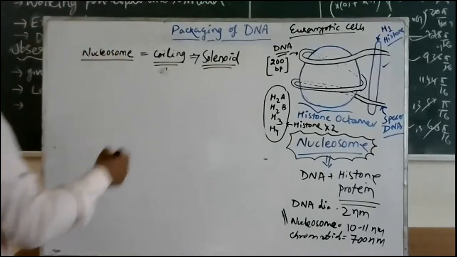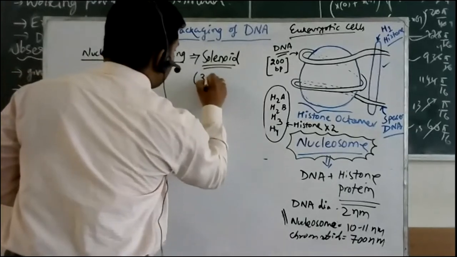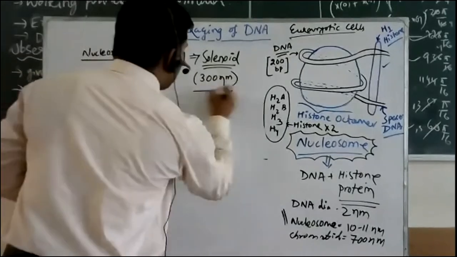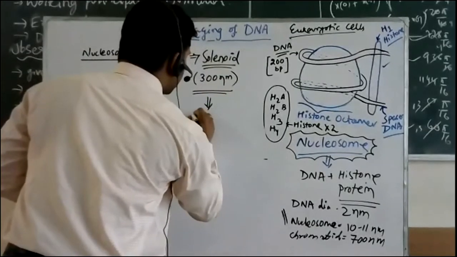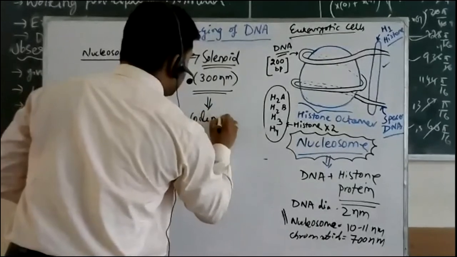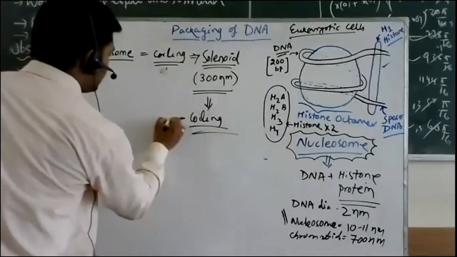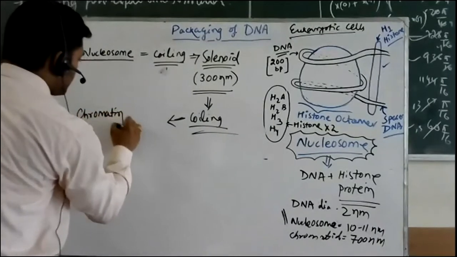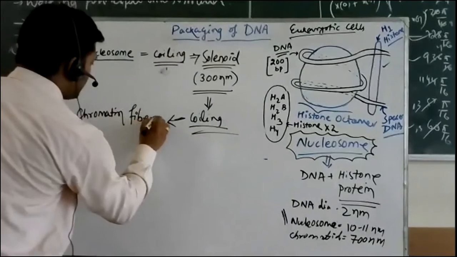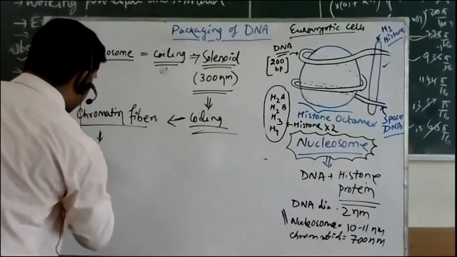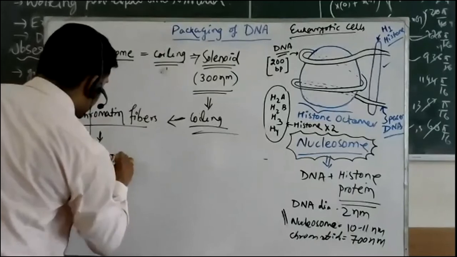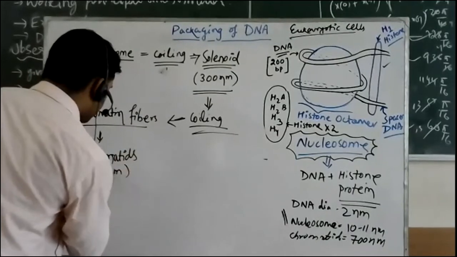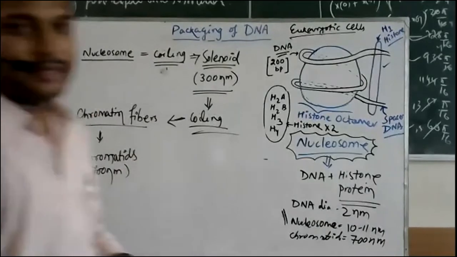So the solenoid structure is around 300 nanometers, and this solenoid structure undergoes further compaction or coiling, or supercoiling as we call it, and then finally it gives rise to the chromatin fibers, and the chromatin fibers then give rise to the chromatids, and here it reaches around 700 nanometers of thickness or diameter.